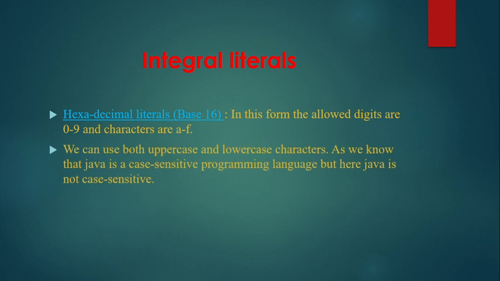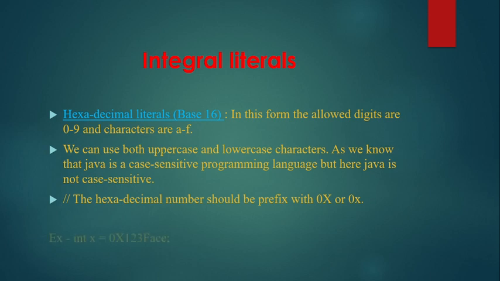As we know that Java is a case-sensitive programming language, but here Java is not case-sensitive. The hexadecimal number should be prefixed with 0x or 0X. For example, int x = 0x123FACE. Here 0x determines that it belongs to the hexadecimal family and 123FACE is the actual literal.